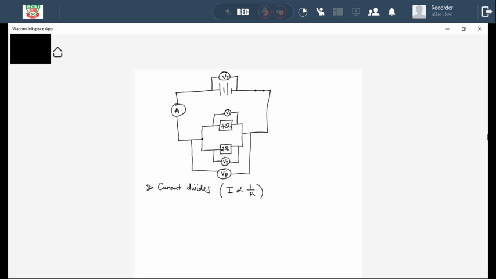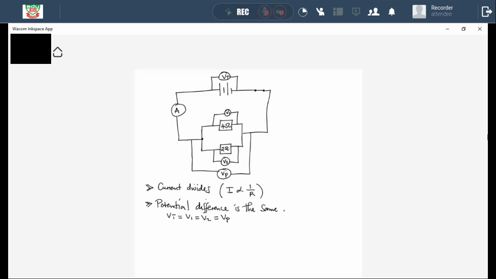And then the second point, potential difference, right, is the same. As long as we are only dealing with the parallel connection, potential difference is the same. It doesn't divide. So what this means, if we look at the diagram, is VT will be equal to V1, will be equal to V2, will be equal to VP.